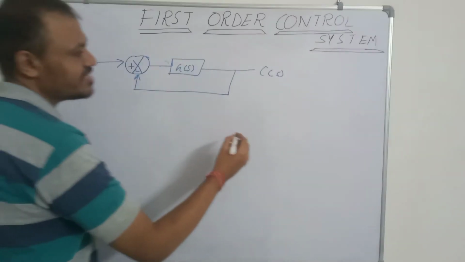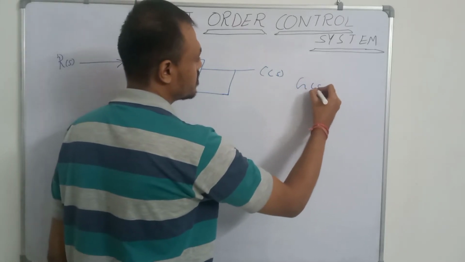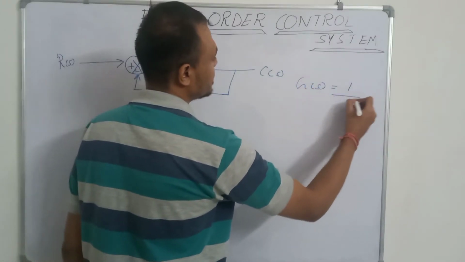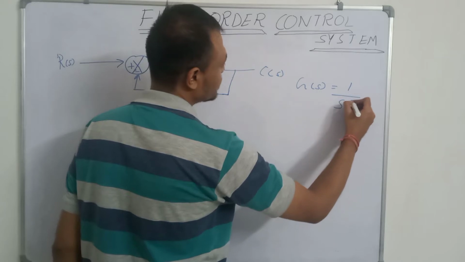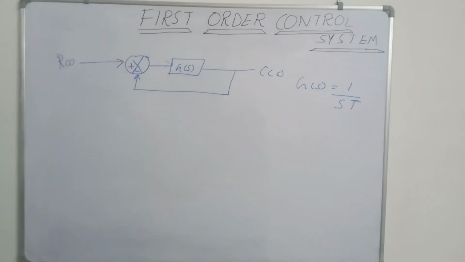And here G of S is equal to 1 upon ST. So this is a first order control system, and the type is also 1 because there is one pole at the origin. So it is a first order and type 1 control system.